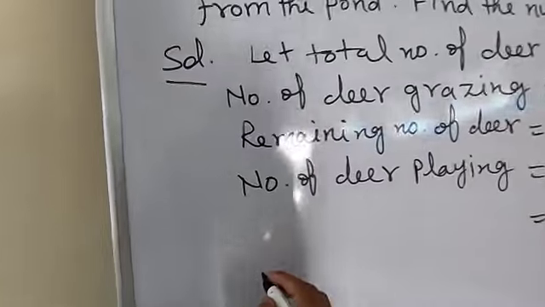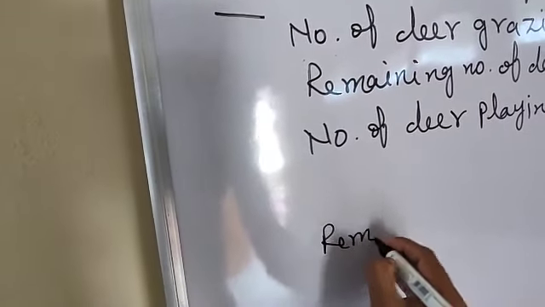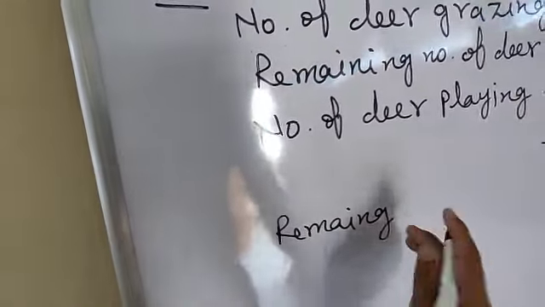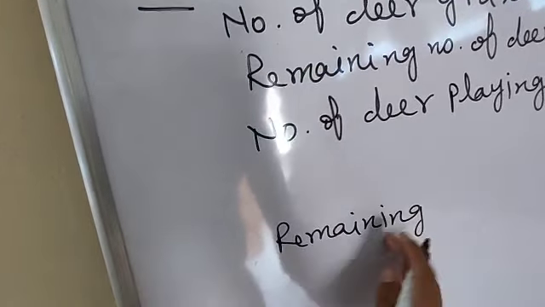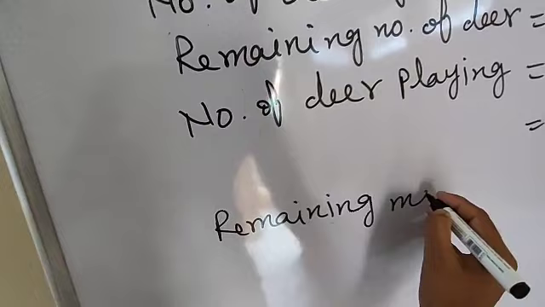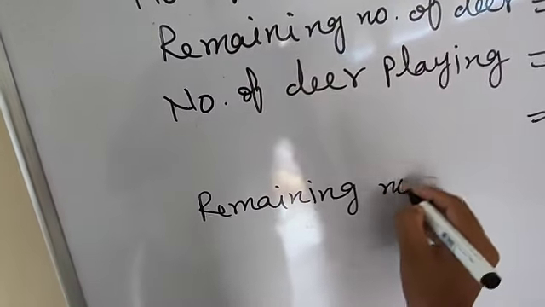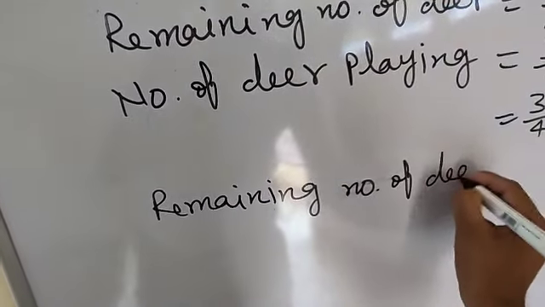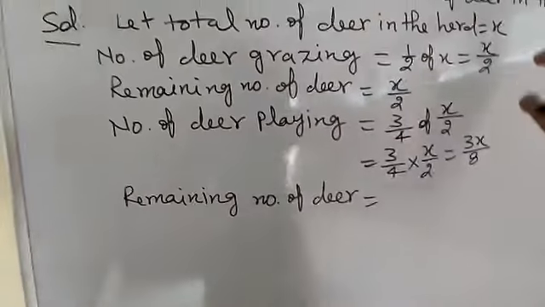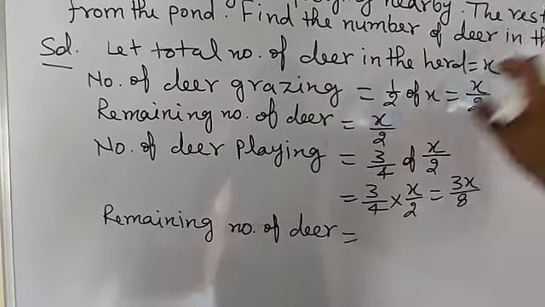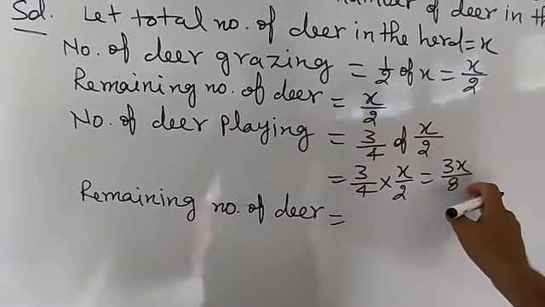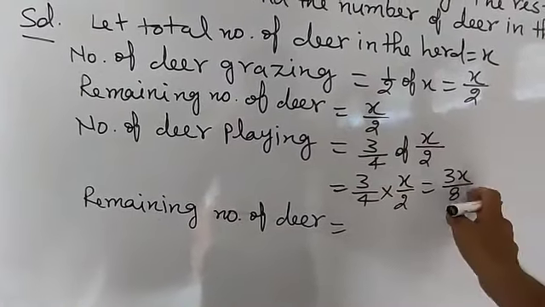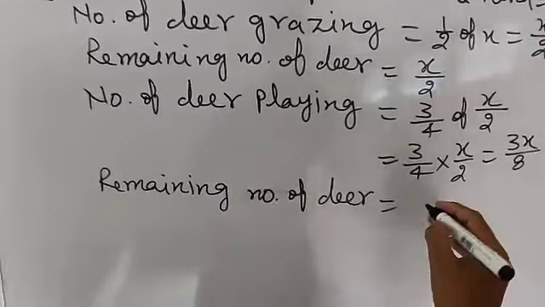Then the remaining number of deer: x by 2 are grazing, then the remaining x by 2 are here, and out of x by 2, 3x by 8 are playing. So what is the remaining number of deer?